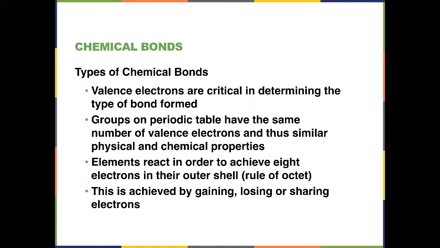Now, the way that elements achieve the rule of octet is they either take electrons from another element, lose electrons to another element, or the two or more elements will share electrons. And there are different ways that sharing can occur, and that's what determines the type of chemical bond we're talking about.